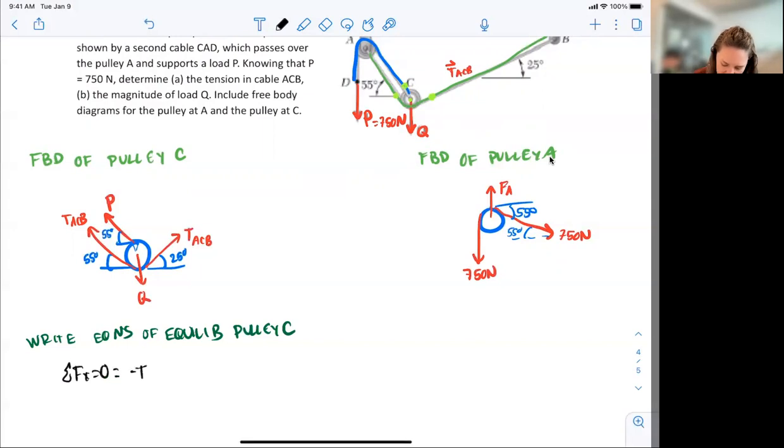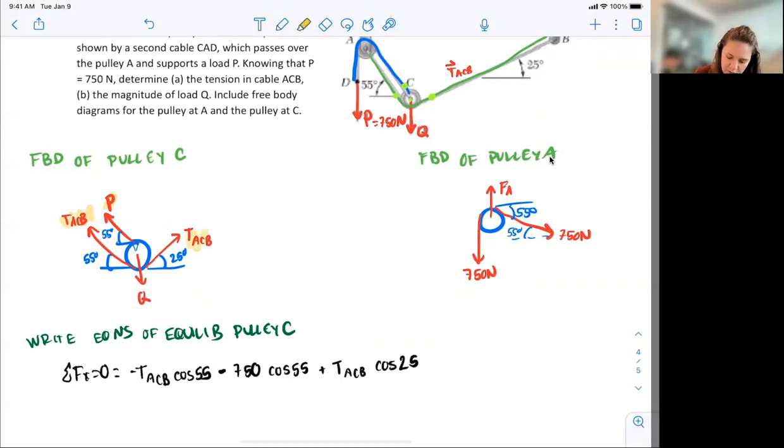I have negative T_ACB times the cosine 55, which is this force. Then I have minus 750 cosine 55, which is this force. And then I have plus T_ACB times the cosine 25, which is this last force.